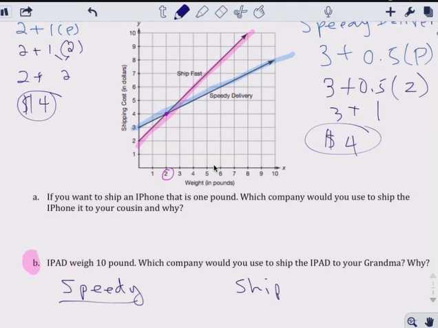For 10 pounds, by looking at the graph without doing the math, show of hands, fingers up. How much would Speedy charge you for 10 pounds, by looking at the graph? Show fingers up. How much? Speedy.